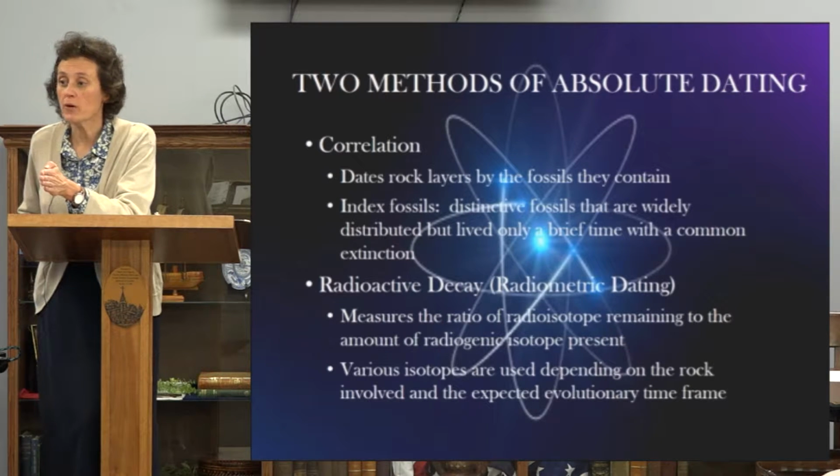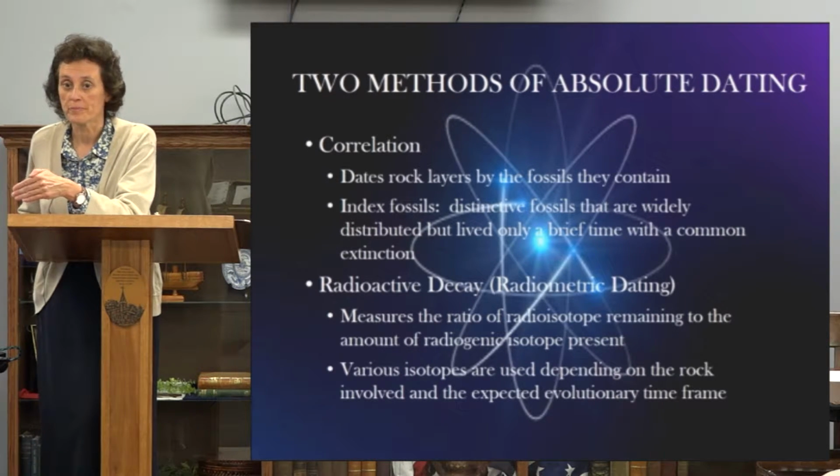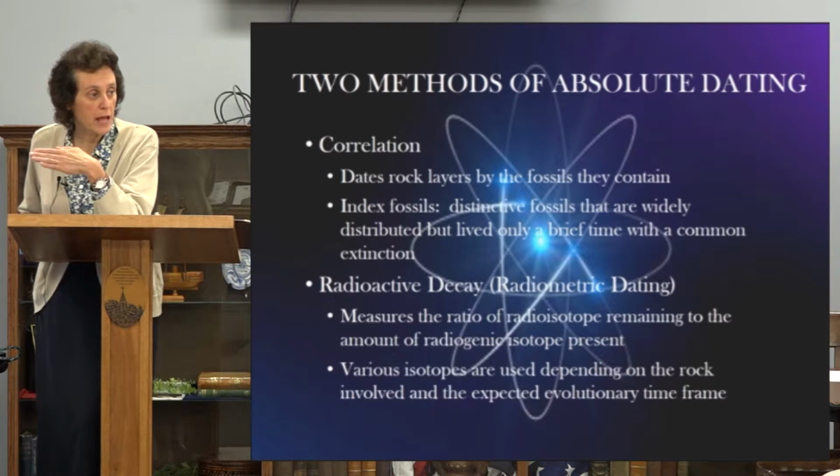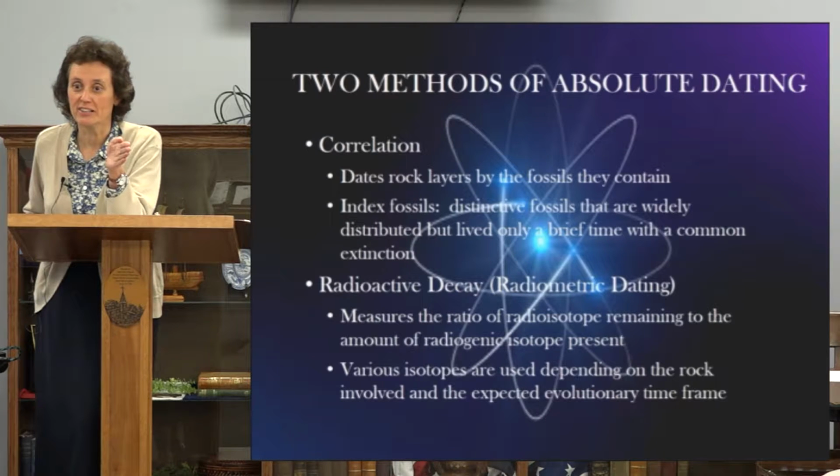It's called a radioisotope. The daughter that it decays into is called a radiogenic isotope. It is the stable form. And then we will extrapolate approximately when the decay started, that is when the rock started cooling, by calculating backwards with that particular isotope's half-life. That's radiometric dating in a nutshell.